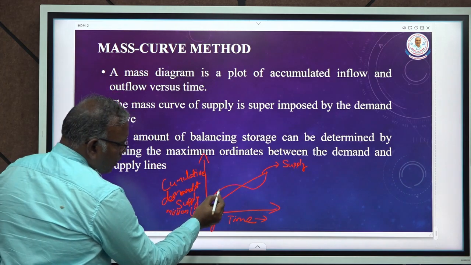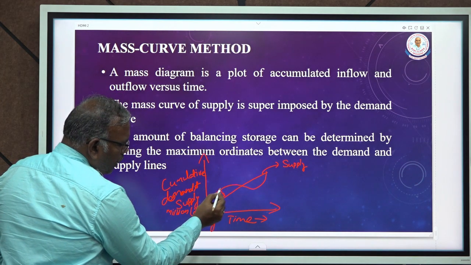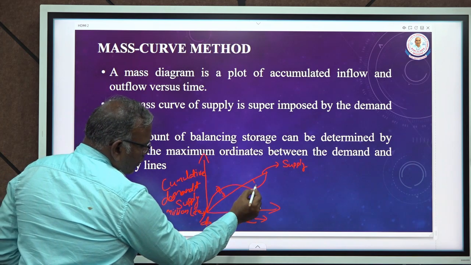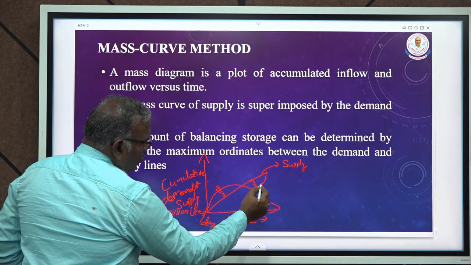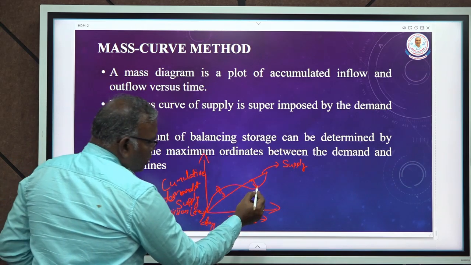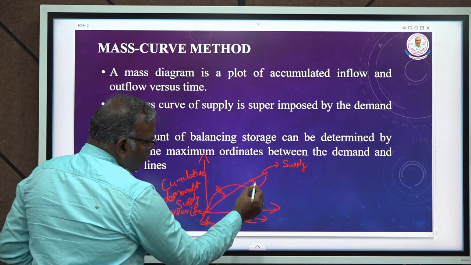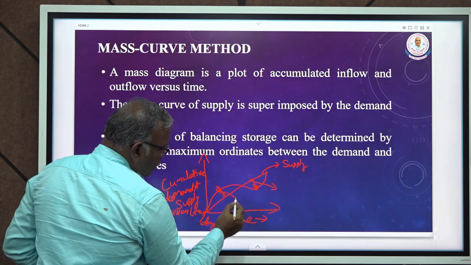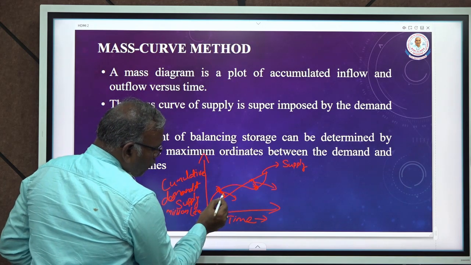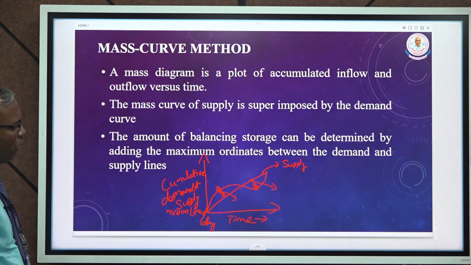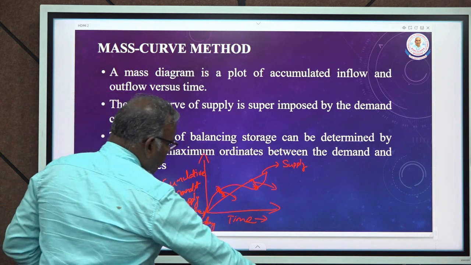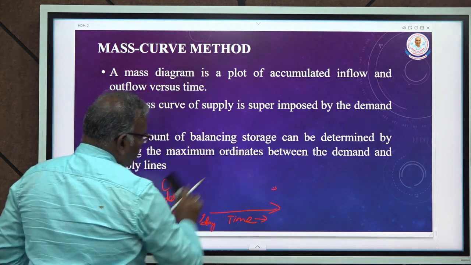The excess amount of demand, that is the maximum ordinate, as well as the deficiency can be measured from the graph. The summation of these two values will provide the amount of water that needs to be stored in the service reservoir.